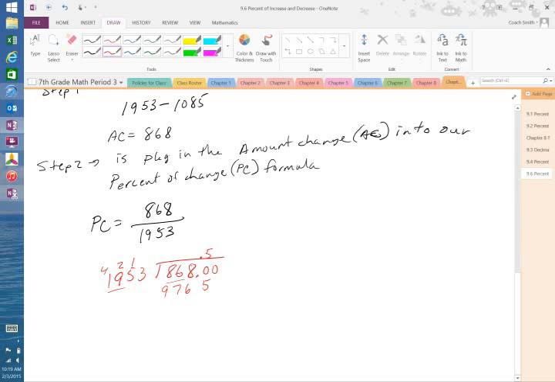Carry my 4. And so that's not going to work. So we got to go with the 4. So we use 4. 4 times 3 is 12. Carry my 1. 21. Carry my 2. 8. Carry my 3. 7,812.